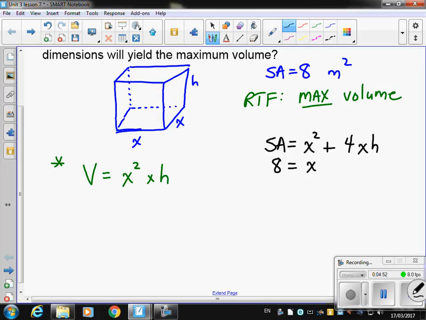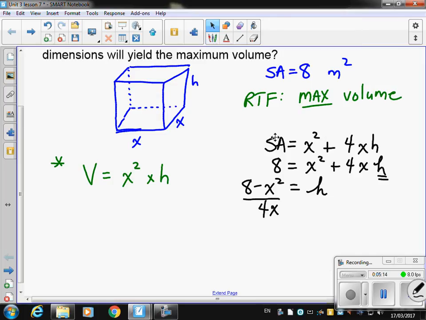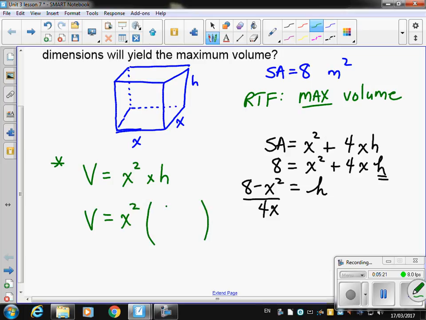So I'm going to have 8 equals x squared plus 4xh. I want to get h by itself, so subtracting x squared from both sides, and then dividing by 4x, I have h in terms of x. So now I have my equation, V equals x squared times (8 minus x squared) over 4x.